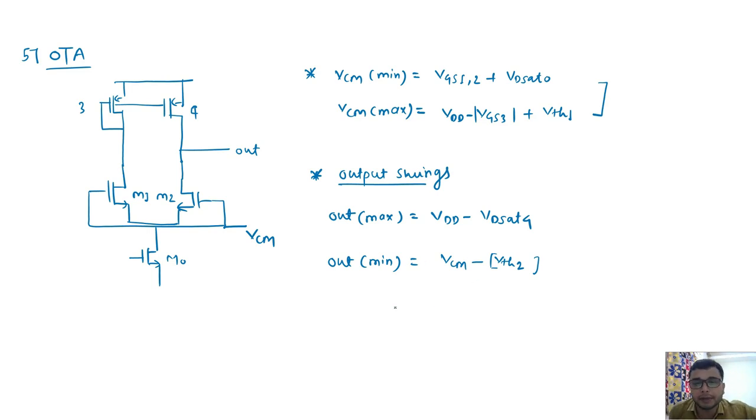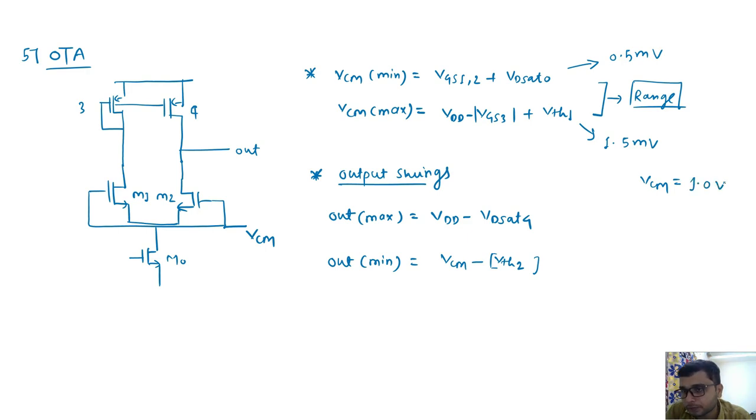Any VCM can be here because we calculated this is the range of VCM. It is not an exact value, it is a range. So if I am biasing my transistor in between, let's suppose this value is 0.5 and this value is 1.5, so I will somewhere bias this pair at 1 volt.